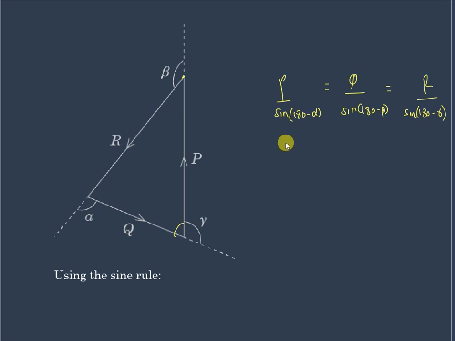Now the sine of 180 minus alpha is the same as the sine of alpha. Sine of 180 minus theta is the same as the sine of theta. These two things are the same. So we can write these as P over sine alpha equal to Q over sine beta equal to R over sine of 180 minus gamma, which is sine of gamma.